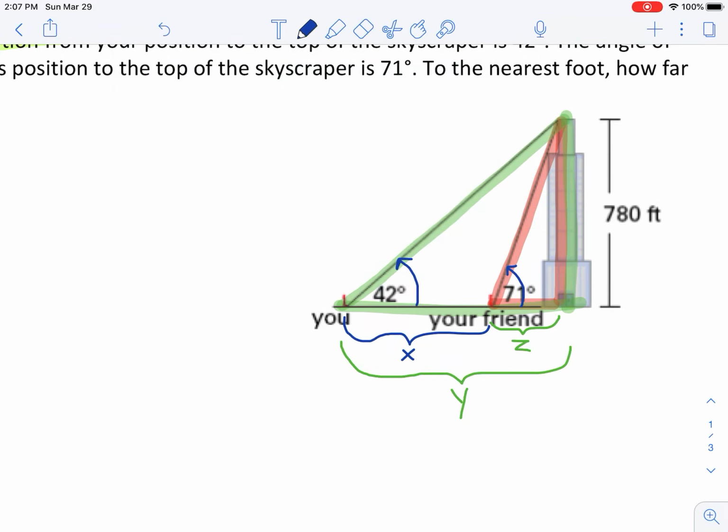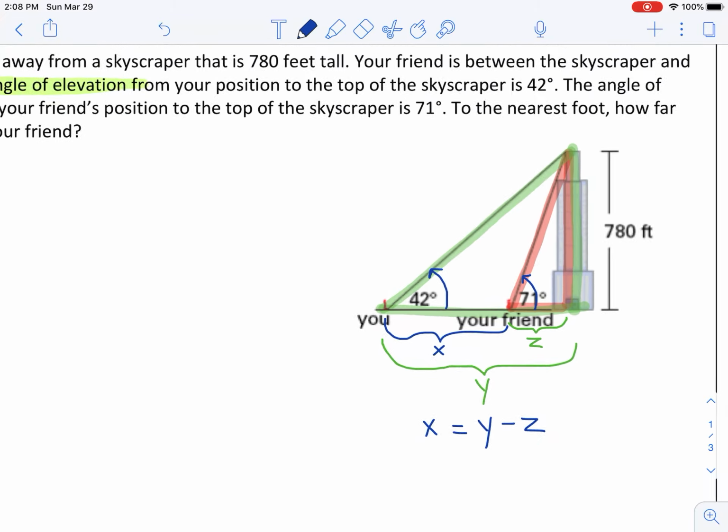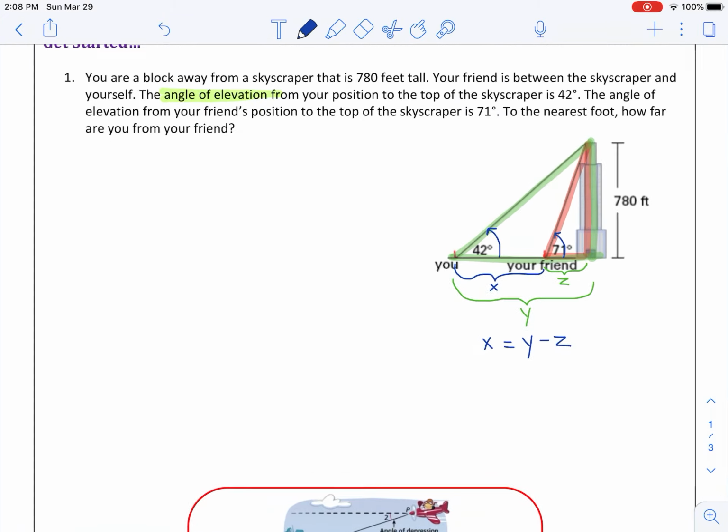And then if you want to get x, you will take y and subtract z. So you cannot directly find the length x because x is not part of a right triangle. But y and z are. Okay? I'm going to let you try to do the rest of that.